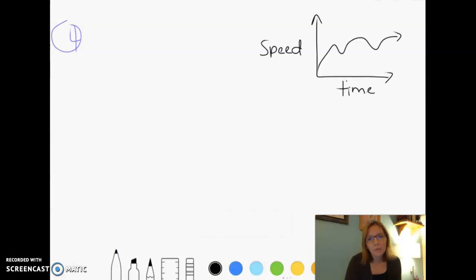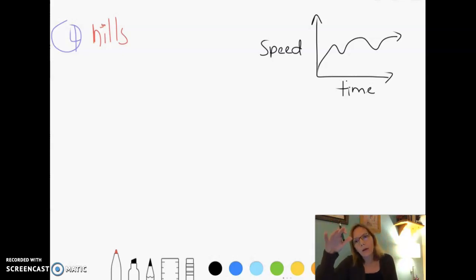So a description of what might be happening as Alexi rides his bike, according to this graph, is there's a couple of different things I can think of. Number 1, he's riding on hills, which is causing his speed to speed up and slow down, and speed up and slow down, whether he's going uphill or downhill.